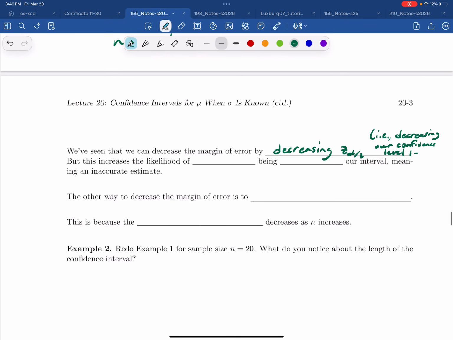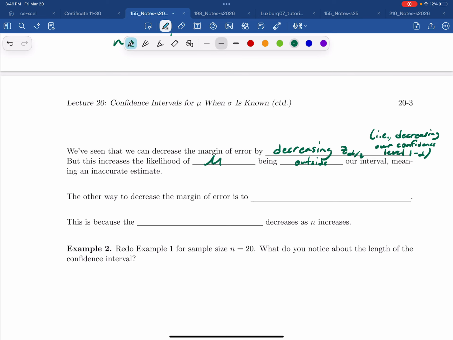Which we denote with 1 minus alpha. But this increases the likelihood of mu being outside our interval, which means that our confidence interval was not an accurate estimate of the range of mu.